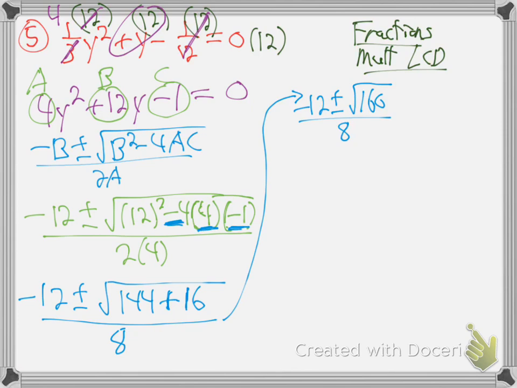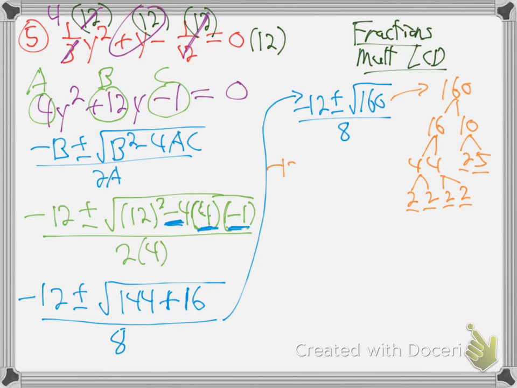Yeah, okay, now we got to break that 160 down on the side. That's 16 times 10, 4 times 4, 2 times 5, 2 times 2, 2 times 2, 1, 2, 3, 4, 5 2s, and a 5.